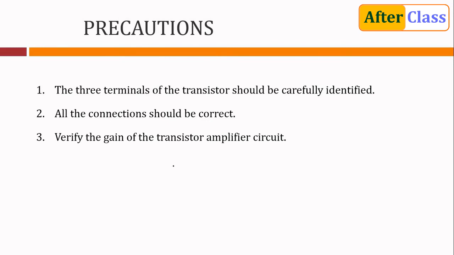Just connect a function generator with a signal of 20 millivolts and a frequency of 1 kilohertz. We should get an output. Or you can check the output voltage using a multimeter. Make sure that the transistor circuit is working, because it's basically 2 transistor switches connected back to back. And hopefully when you mount this circuit, you should not have any problem.